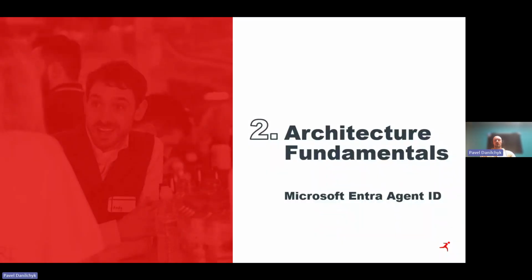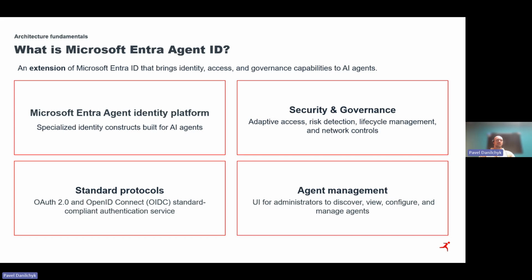And now let's speak about what is behind the additional part of agents: Entra Agent ID. What is it? Microsoft Entra Agent ID is a new extension for our classic Entra ID, which brings new capabilities for agents.